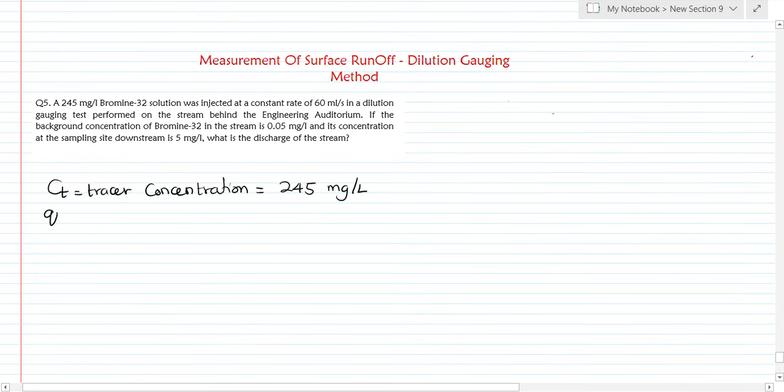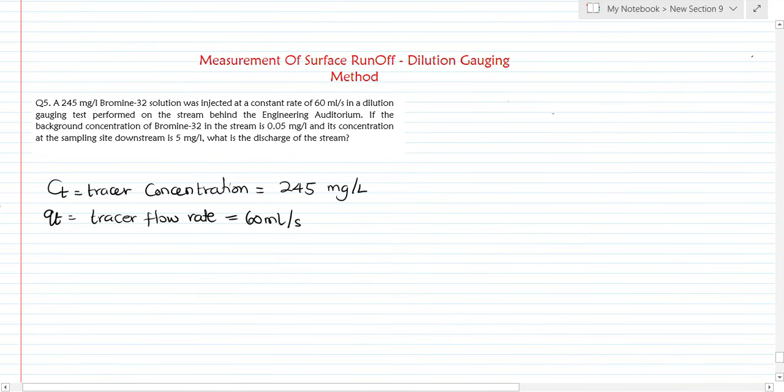So that is my Qt, my tracer flow rate, which is 60 milliliters per second.